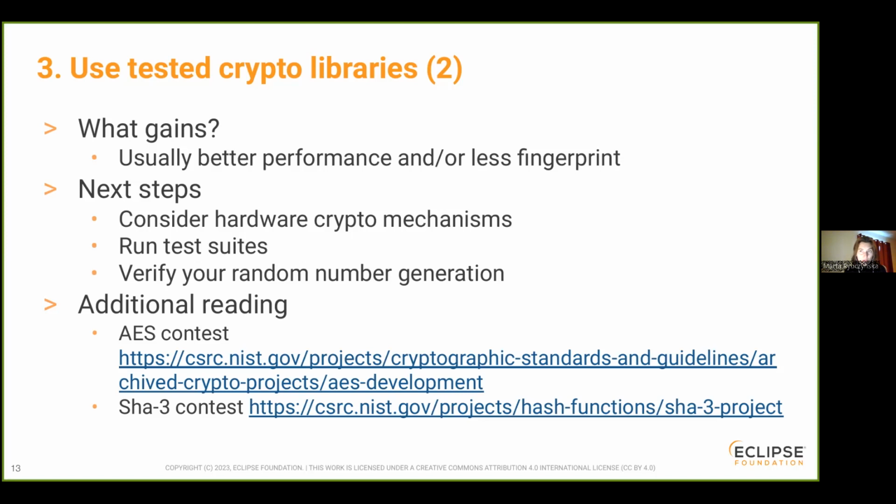Quite many of them were broken during the process. You can learn how and why, and that could give you more insight about why even people who submitted their algorithms to the contest made mistakes in them. So probably even more mistakes for someone doing the crypto algorithms for the first time.